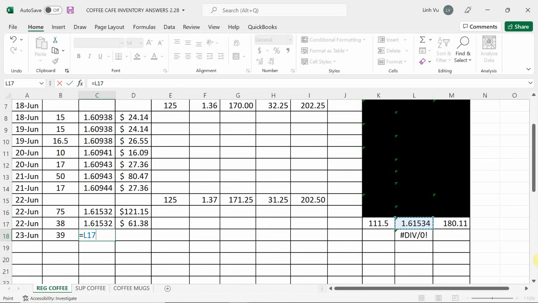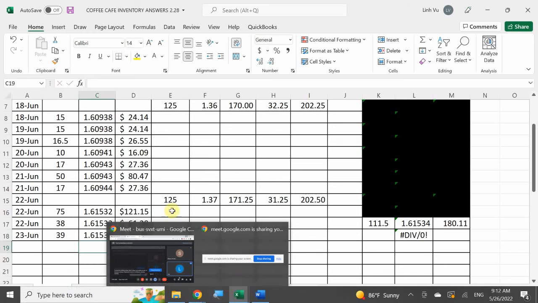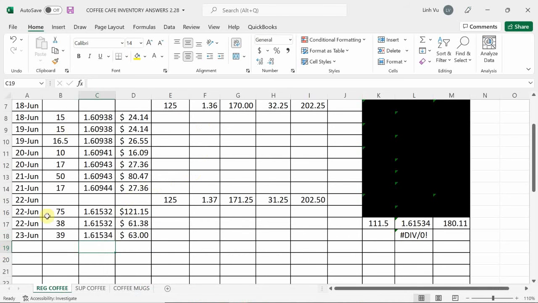Good. So then what is going to be my total cost of goods sold? 180.11. Oh, I got that from the end. I thought that was total. Oh, no. Oh, okay.